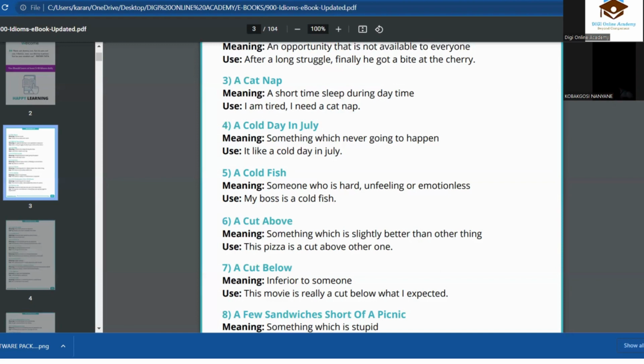Done? Okay, the sixth one is a cut above, meaning something which is slightly better than another thing. This pizza is a cut above the other one. Now you need to compare two things. Suppose you have grapes and apples, and you like apples a little better than grapes.